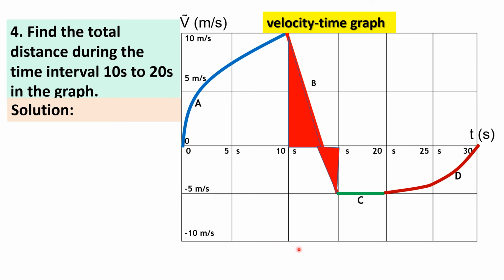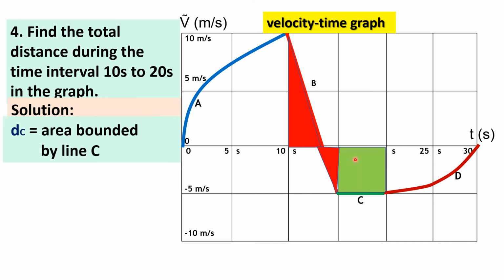All right? So we are referring to this area. Okay, here's the graph line C and the area that it bounds with the time axis, which if we're going to shade it, all right, there it is.